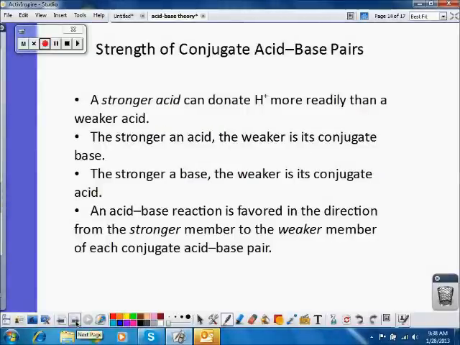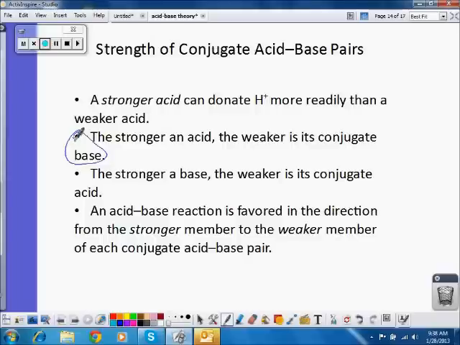Okay. So when we're looking at conjugate pairs, the stronger the acid, the more likely it is to donate an H+. So the stronger an acid is, the weaker its conjugate base. And we're going to look at this mathematically here coming up shortly. So the stronger an acid, the weaker its conjugate base, and likewise with the base. The stronger the base, the weaker the acid.